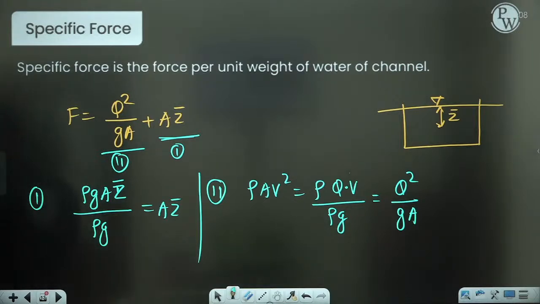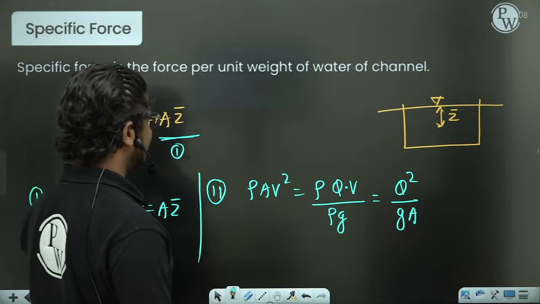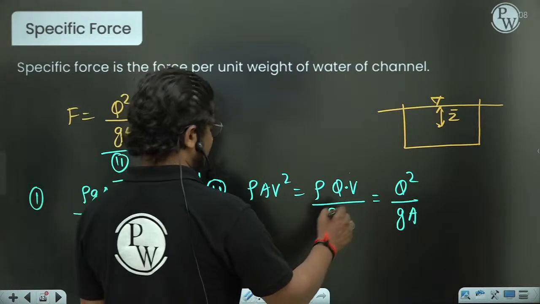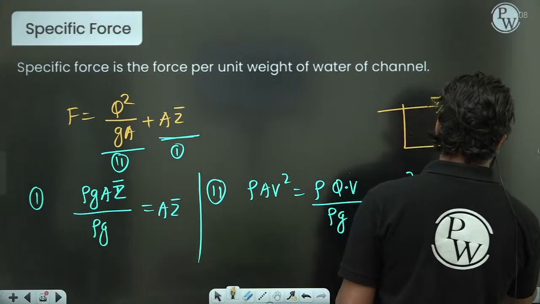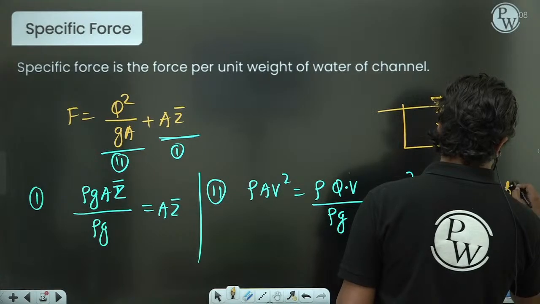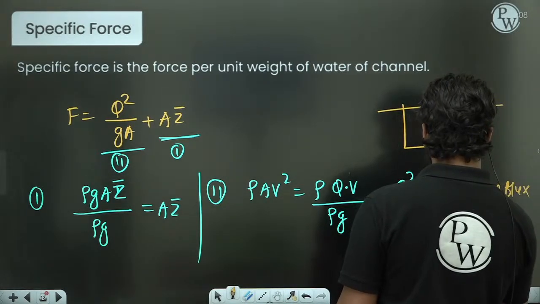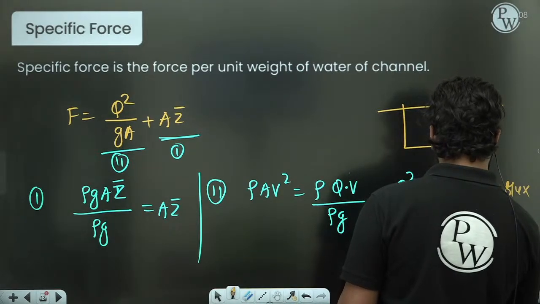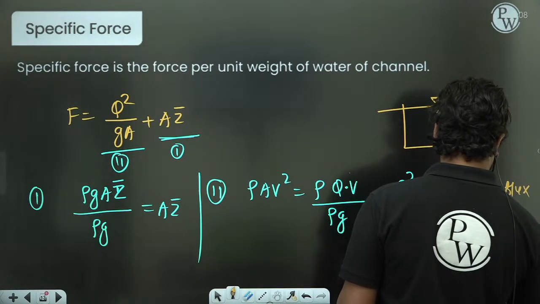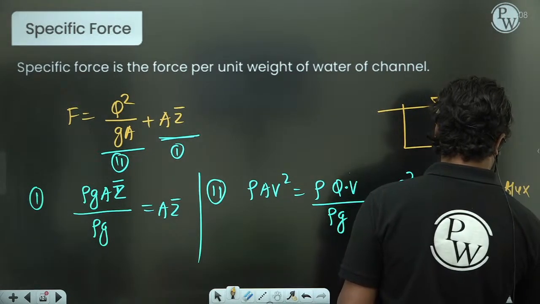Q squared upon g is basically the momentum flux per unit weight of the water, per unit volume. Okay, this thing is clear. If you want, you can write it down also: it is momentum flux per unit weight per unit volume.